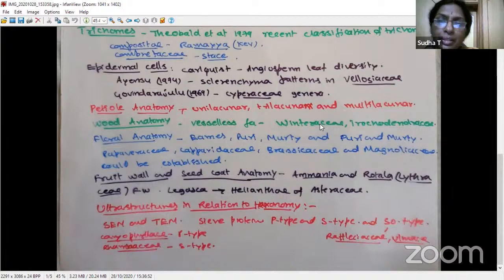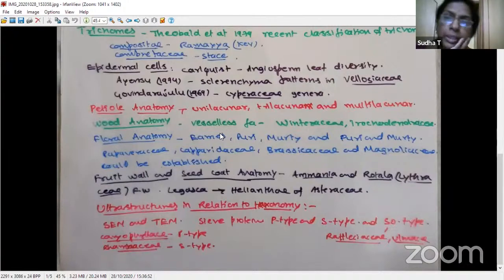Vessels are advanced and seen in dicot members, and this is one family where they are absent. Trochodendraceae and other members very close to it have different kinds of vessels.